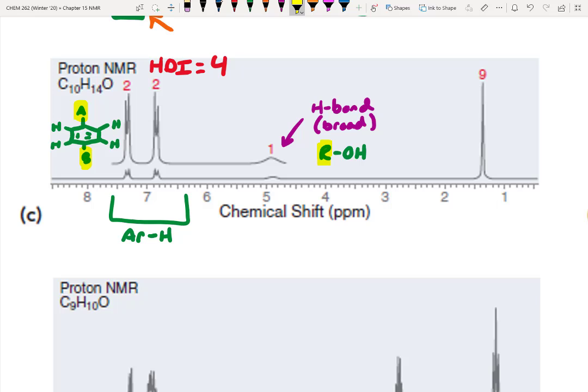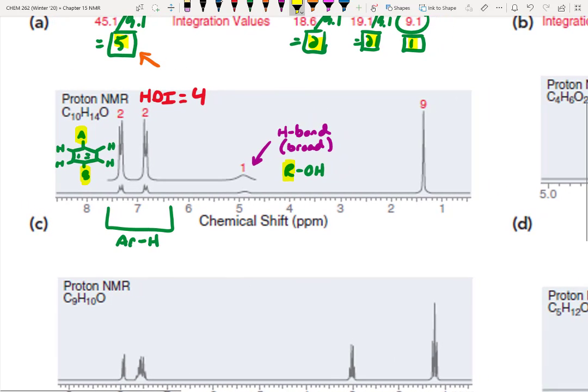All right, now we go to the next one. We've got a peak of 9. That's a big singlet. So what do you think could account for a peak of 9? 9 protons all being the same? What if we have CH3, CH3, CH3, right?